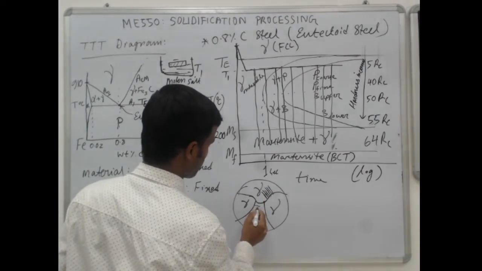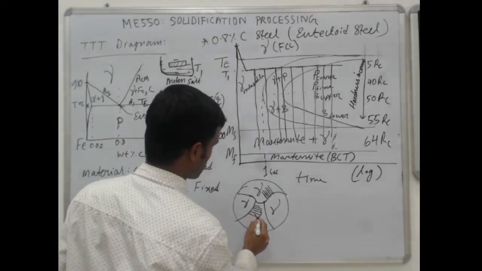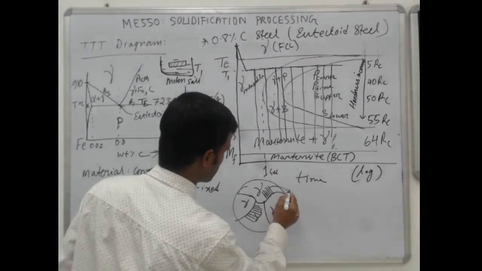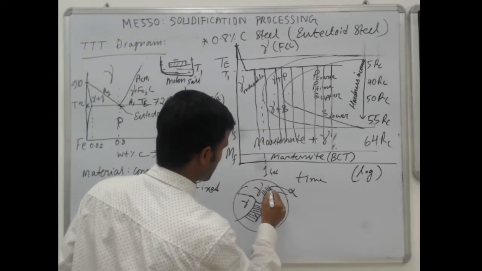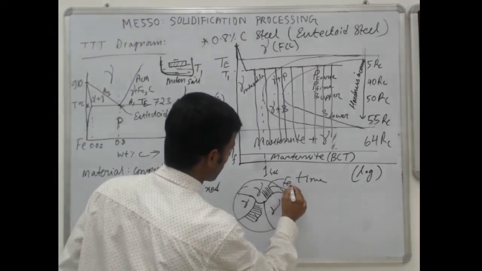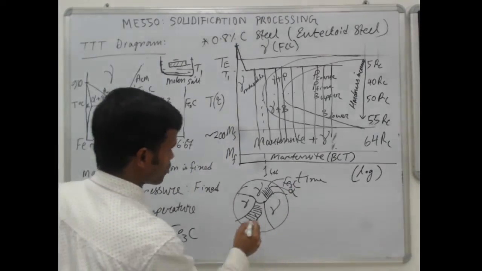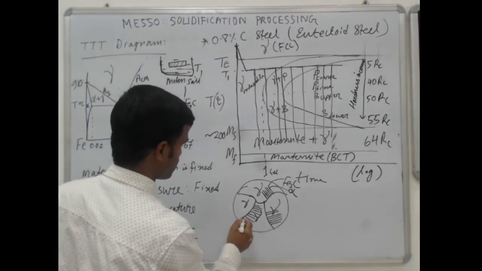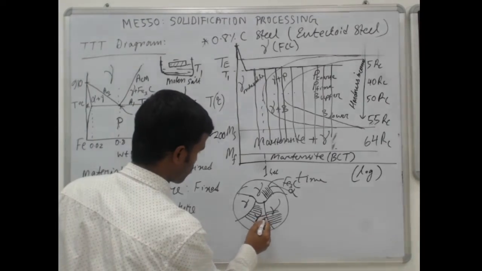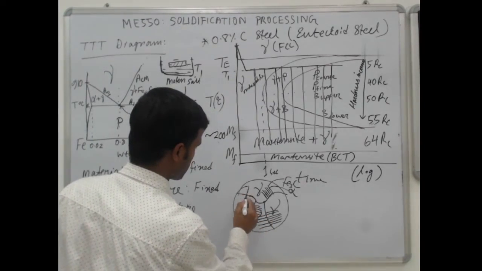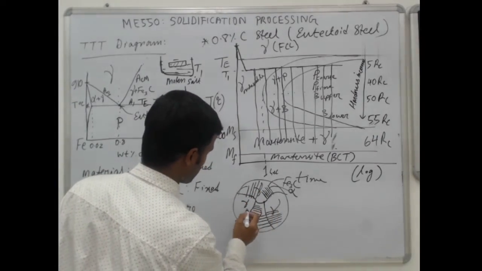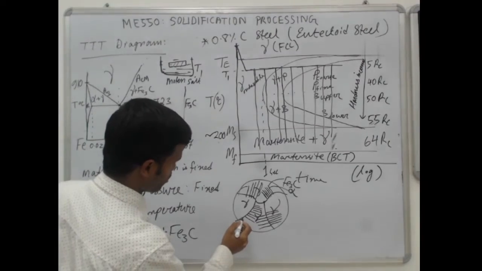These are different plates of ferrite and cementite. The space between is alpha ferrite, and the black lines are Fe3C, cementite. Similarly, in all the grains you will have pearlite. From this side also it can grow like this, and here also it can grow. Generally, the pearlitic growth will be normal to the grain boundaries.